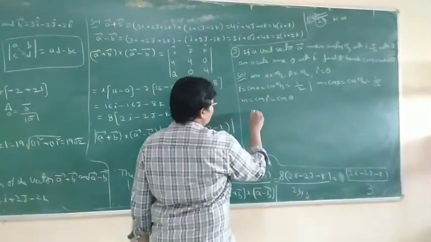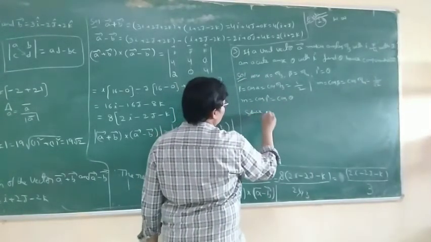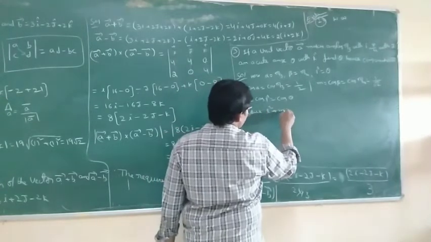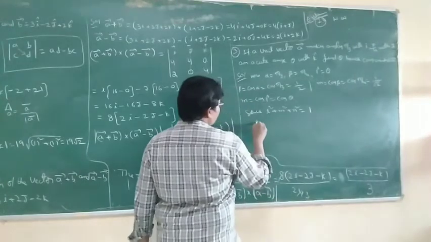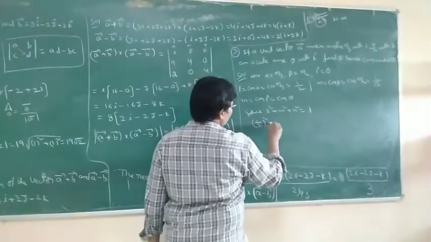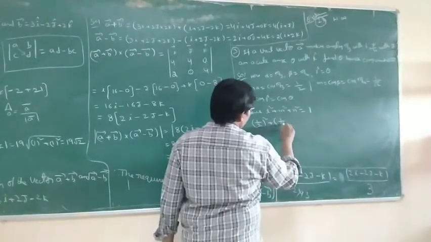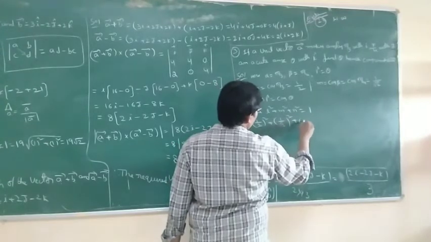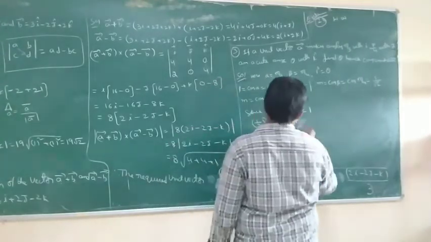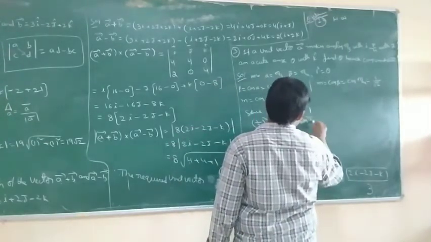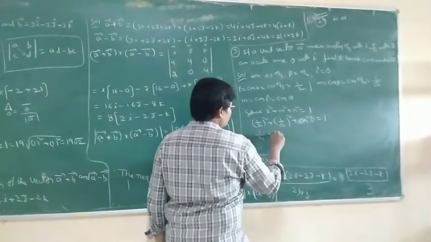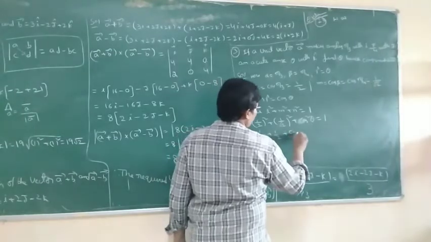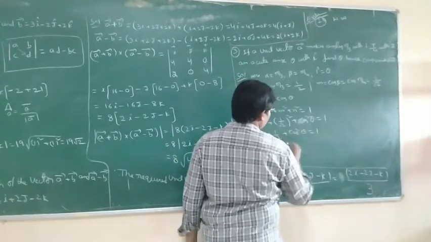So since we know l square plus m square plus n square is equal to 1, l square is (1 by 2) whole square, plus m square is (1 by root 2) whole square, plus n square is cos square theta, equal to 1. So 1 by 4 plus 1 by 2 plus cos square theta is equal to 1.